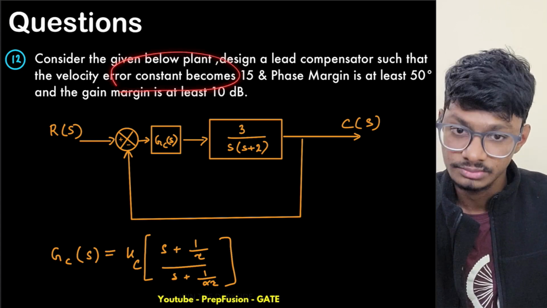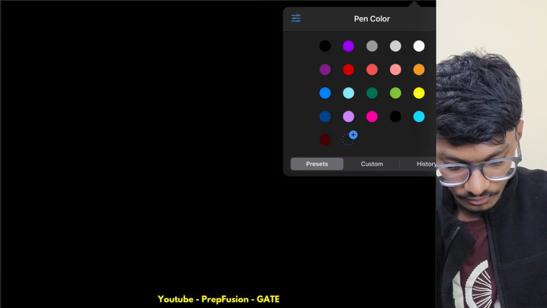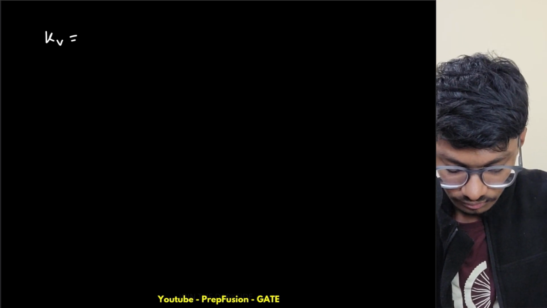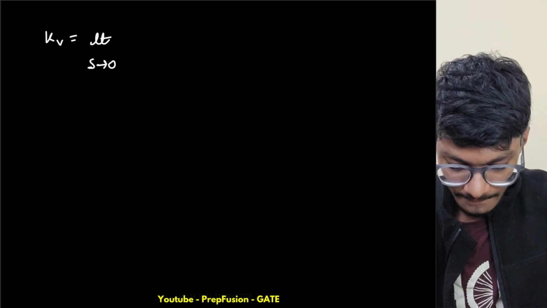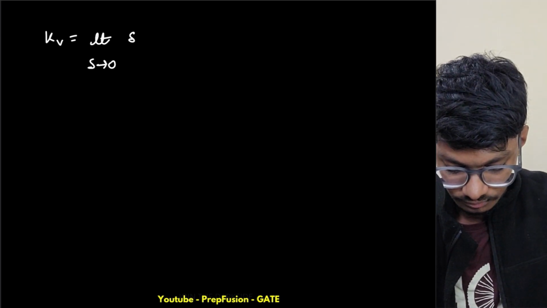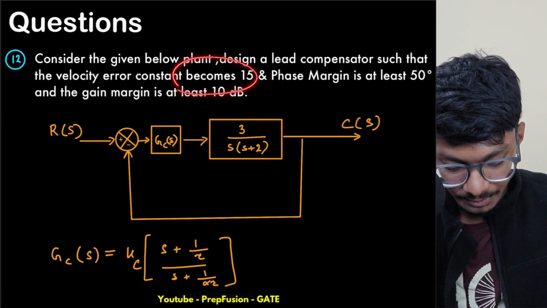So first I will go with this because this is the easier thing. So I can write KV equals limit s tends to 0. It is telling us it becomes 15.